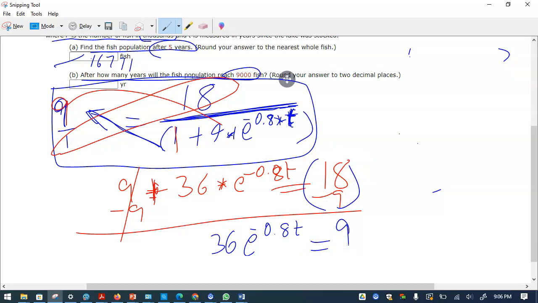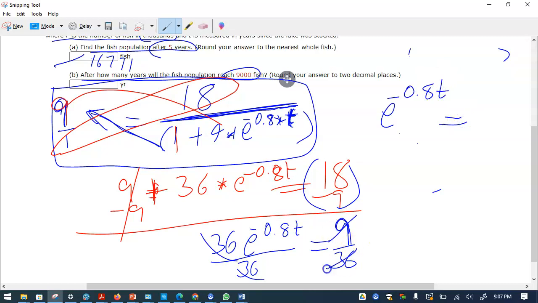And then, of course, we know that it's easy, 18 minus 9 is 9. Then divide by 36 both sides. And then we have what left, this 36 stays, so e raised to minus 0.8t equals 9 divided by 36, which is 1/4. So you can always write 1/4.